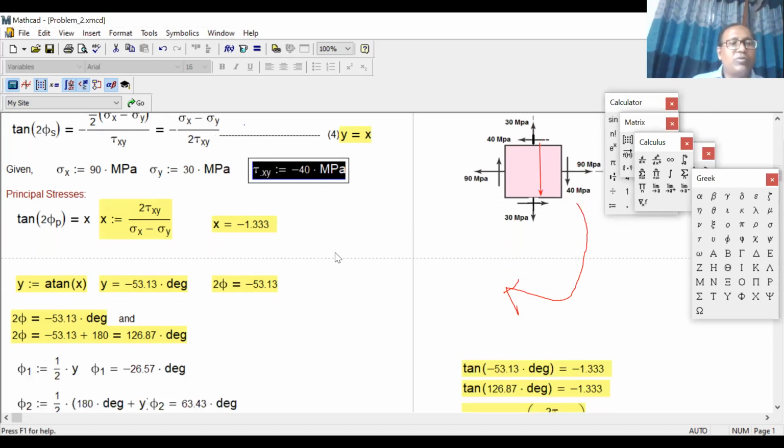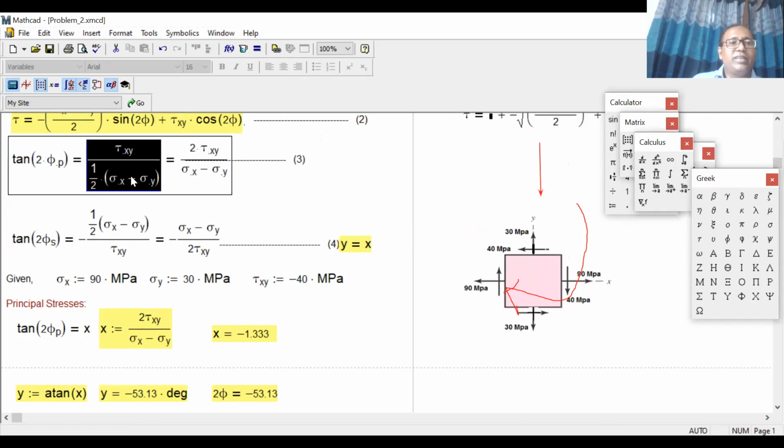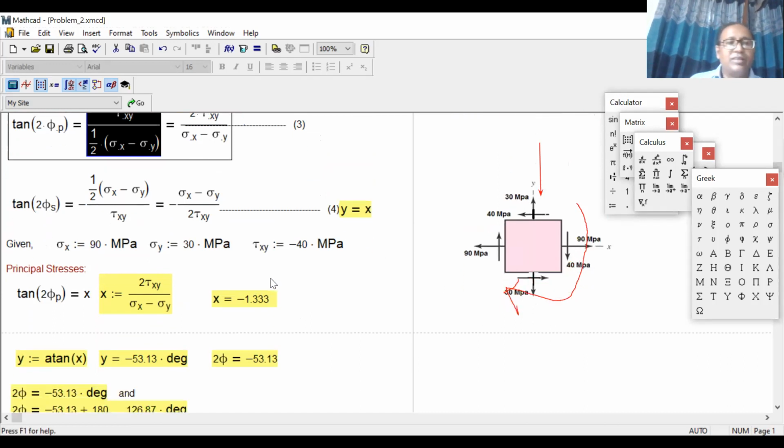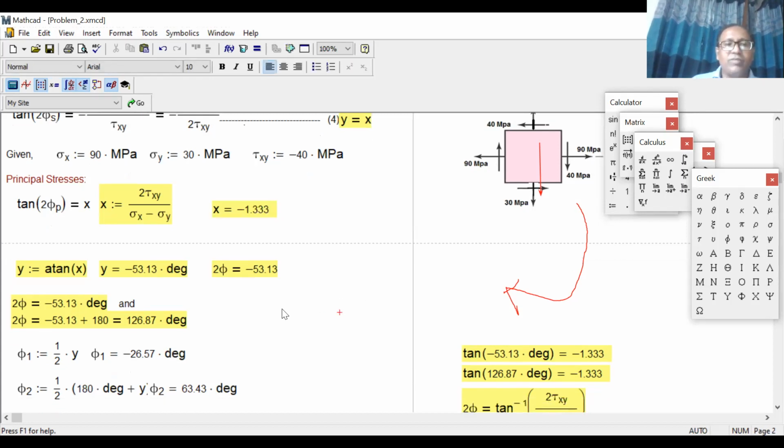Now we need to figure out tan 2 phi p, equal to this formula. In the calculator, you put the values of tau xy, sigma x and sigma y, and you directly get tan 2 phi. That value will come to minus 1 point something. I did it in a different way over here, but using a calculator you can easily figure it out. By solving that, I got 2 phi p equal to minus 53.13. What will be the other angle?